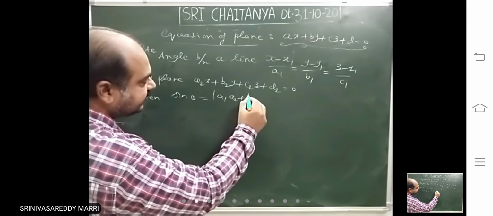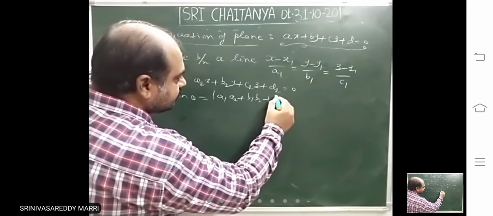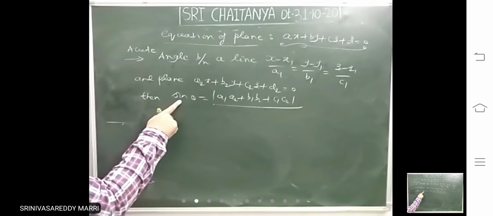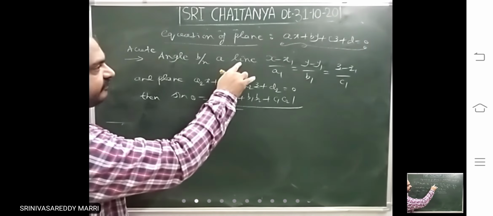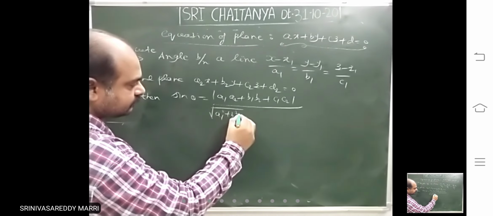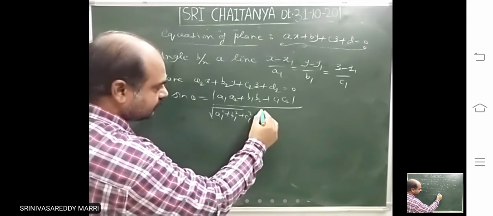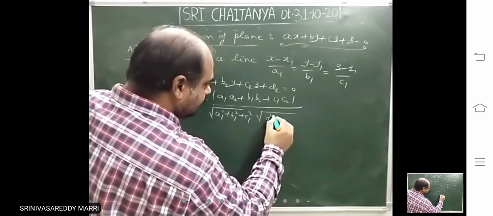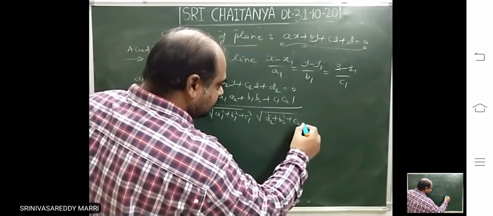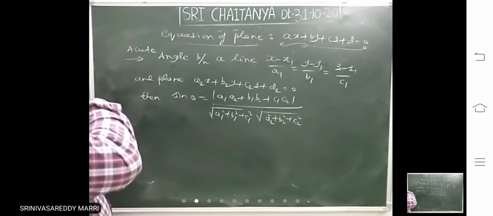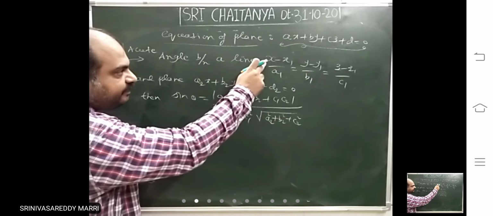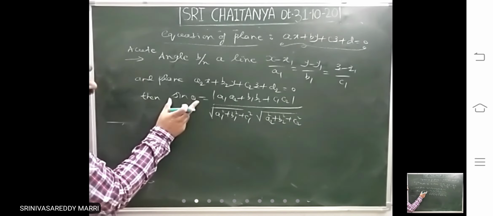Modulus of sin theta is given by the formula. Between two lines we write cos theta, but here, angle between a line and a plane, you write sin theta. Remember this.